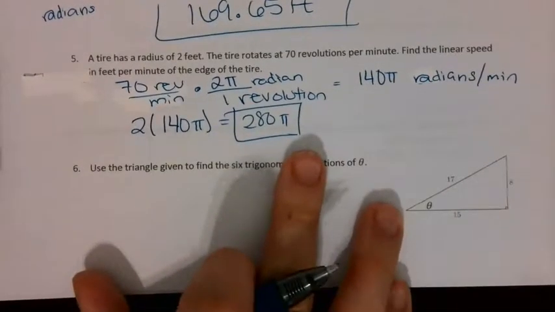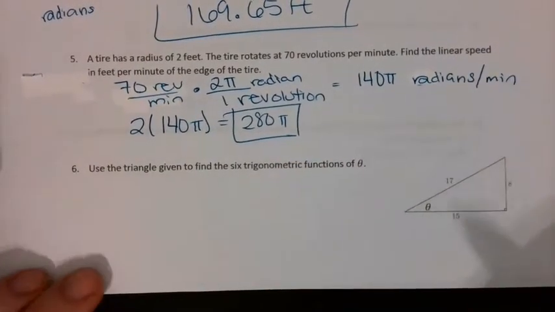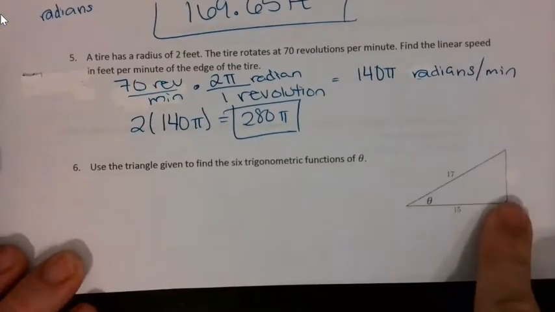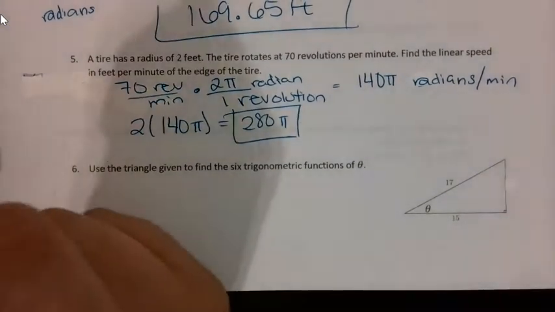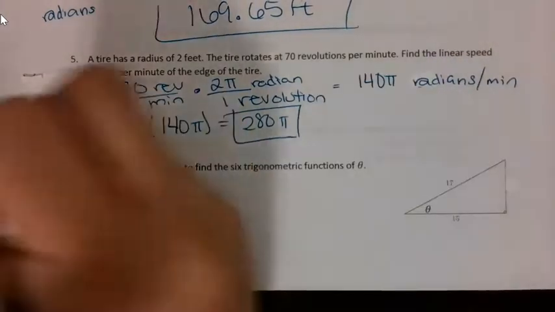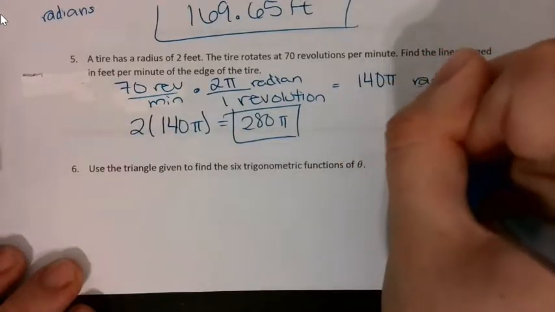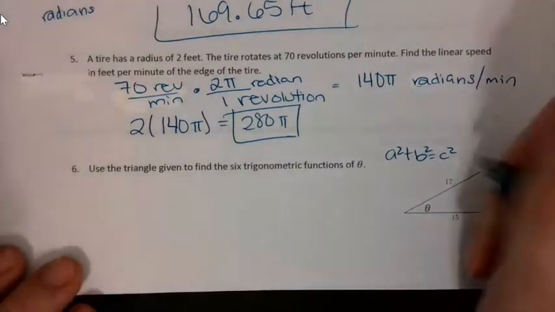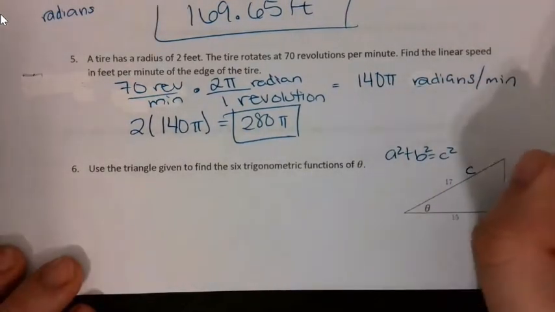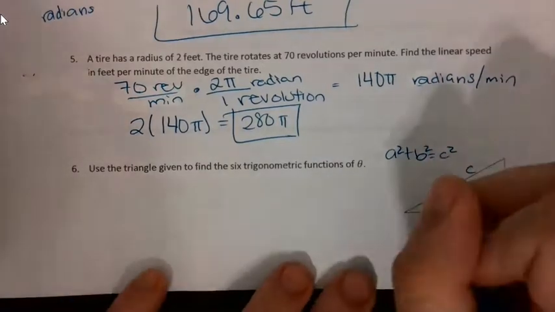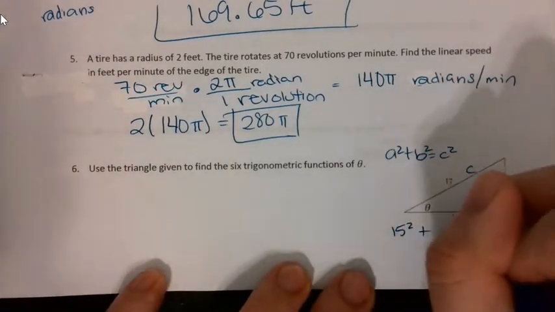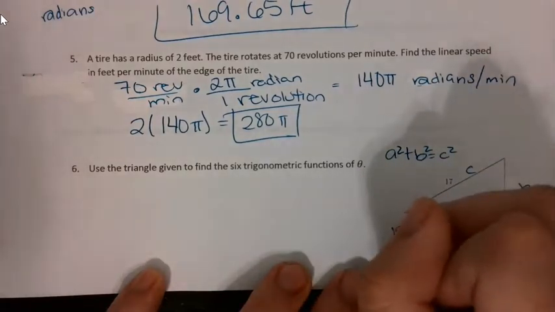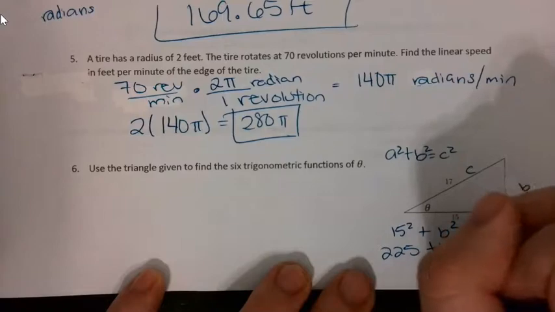Number 6 wants me to find the 6 trig functions of theta. Okay, what I want to do here is first find the missing side length. To do that, remember I'm going to use the Pythagorean theorem: a squared plus b squared equals c squared. C is always my hypotenuse. A and b don't really matter. So I have 15 squared plus b squared equals 17 squared. 15 squared is 225.